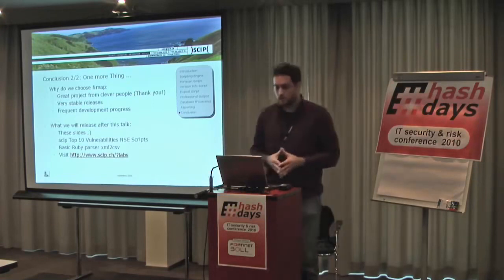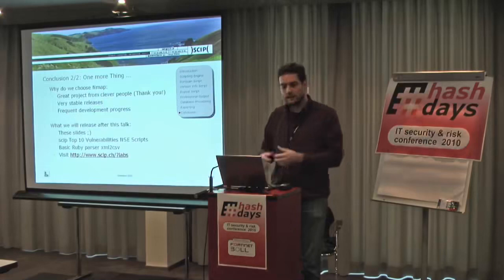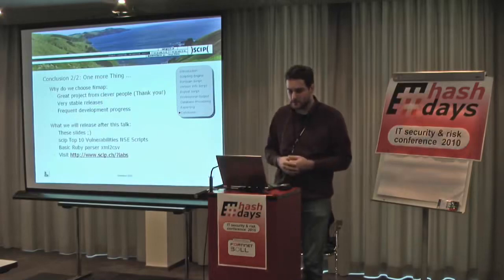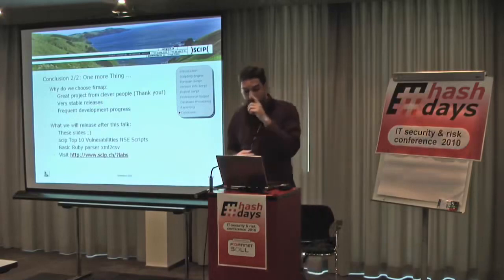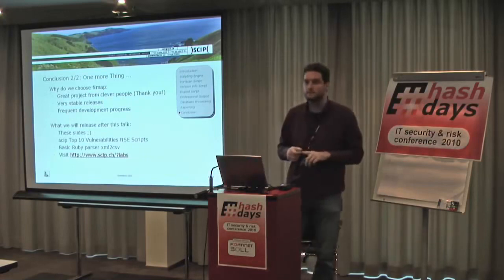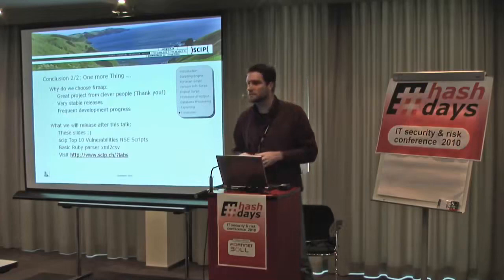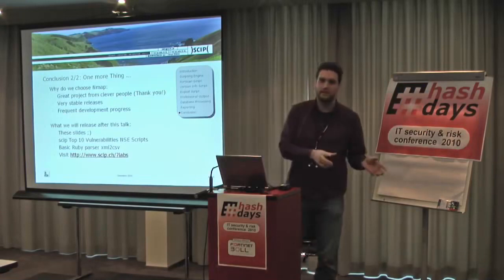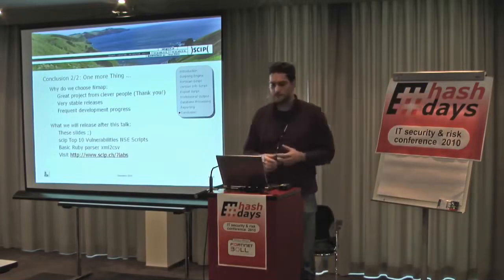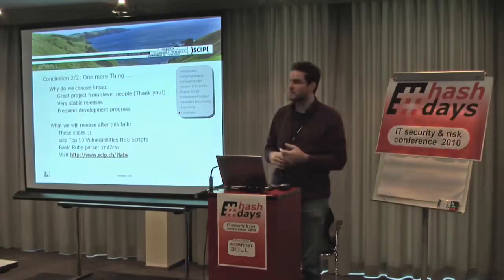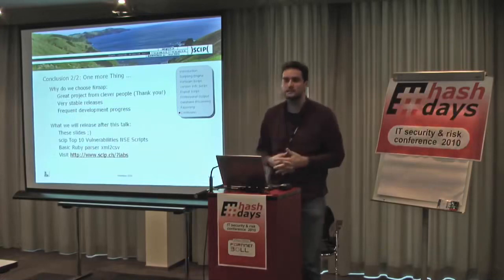And after this talk, we are going to release, of course, these slides, which is no surprise. But we will also release our top 10 vulnerability NSE scripts. You can throw them in your scripts folder and do something like the OWASP top 10 scan. And we will release a basic Ruby parser, which is able to parse the XML to CSV files, so you can put them into an Excel sheet.